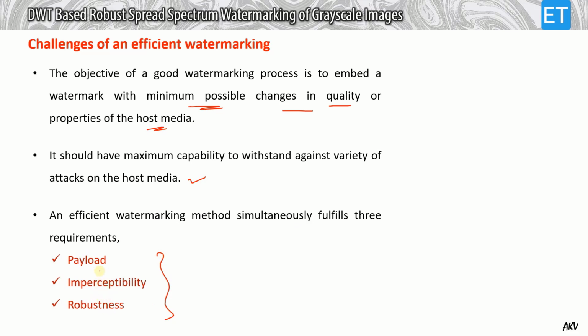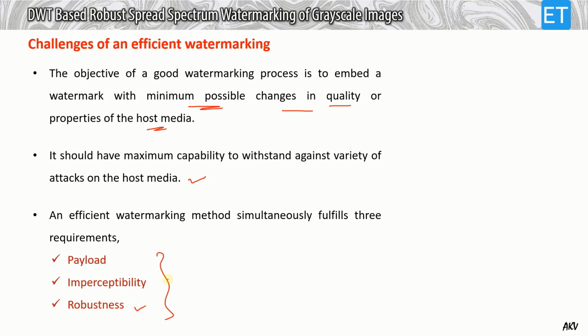Payload means how much information we can embed into the host image as a watermark. Imperceptibility means that after embedding the watermark, how much change is made to the host media.